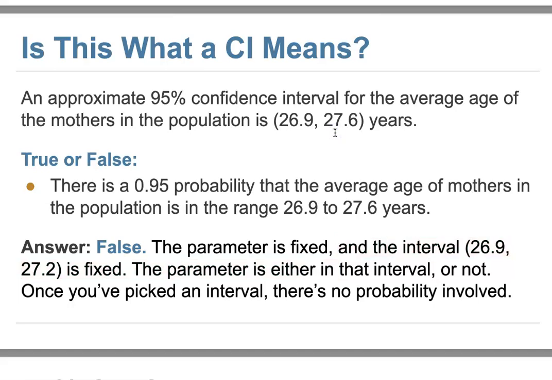And if you run it 3000 times on your file, your resulting interval may not be exactly this. But it doesn't matter. Each time you run, the interval is fixed. We only say that for the average age of the moms in the population, we have 95% confidence they will be in this interval. It's nothing related to the probability.